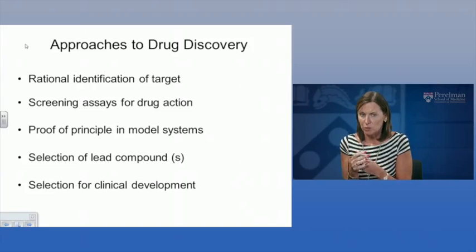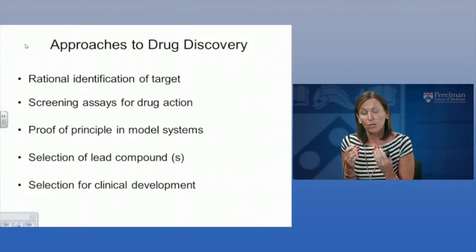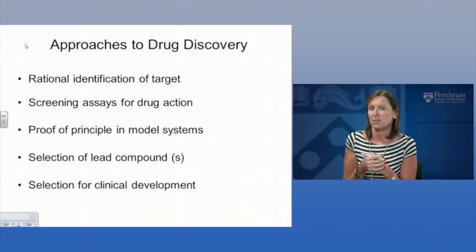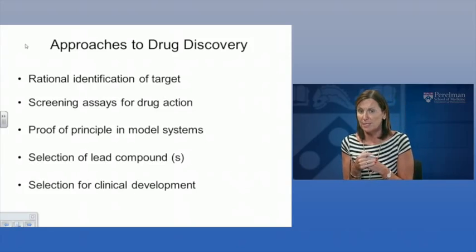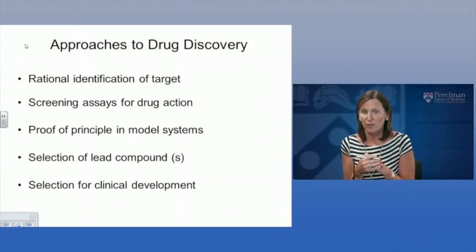And ultimately what you want to end up with is one or a few lead compounds that hold most promise at the end of the ex vivo evaluation of this drug discovery phase.